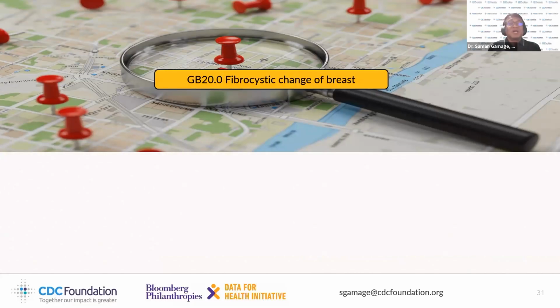So here is an example. ICD-11 code GB20.0 represents fibrocystic change of breast, GB20.0.